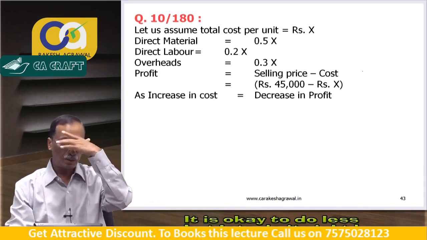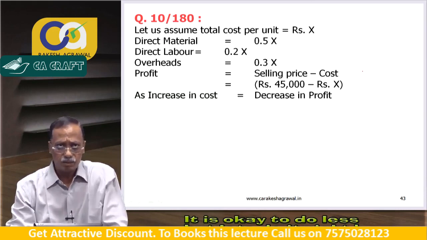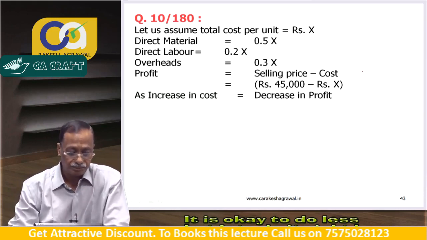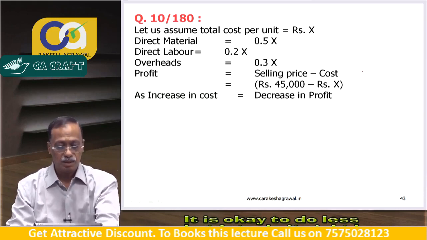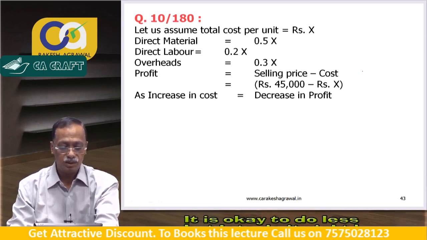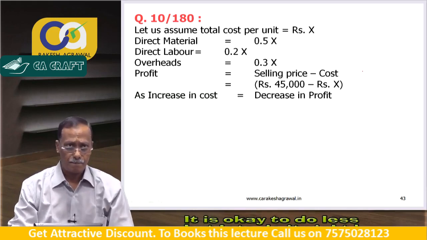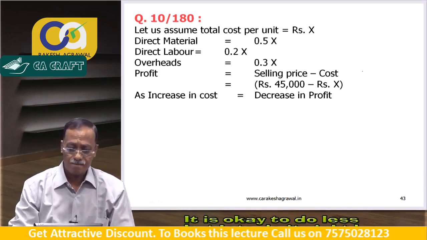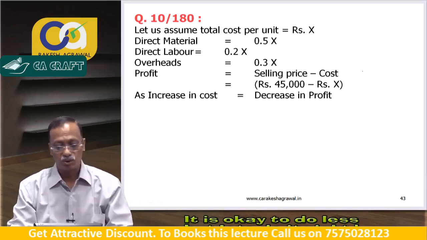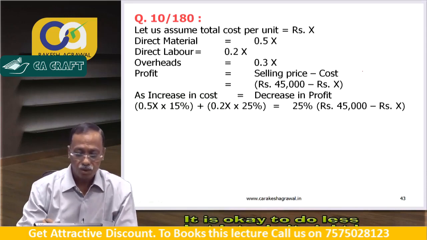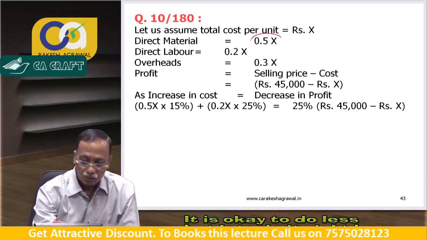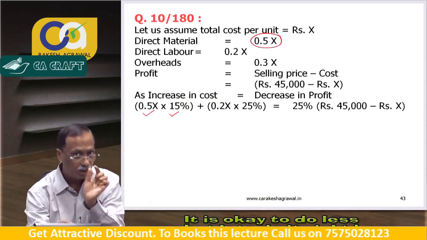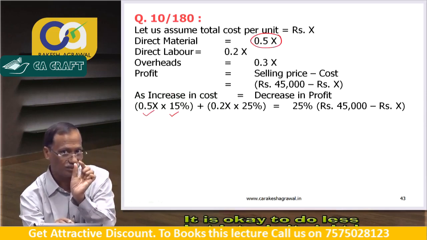Write down. Increase in cost is equal to decrease in profit. And now understand this mathematical equation carefully and then you will solve it. Check. Your material cost was 0.5x. This 0.5x is increasing by 15%. I am only taking the increase portion, right?